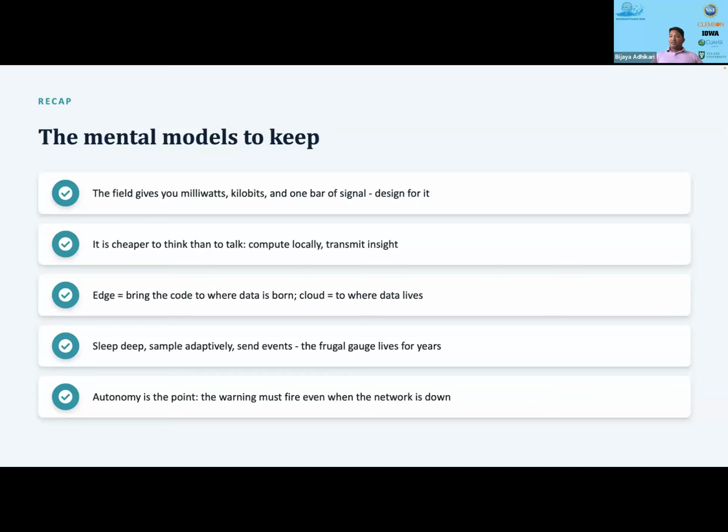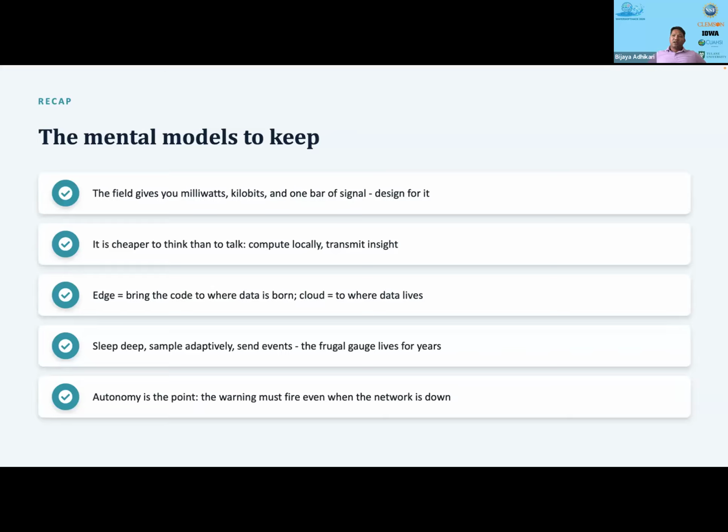One frugal way to make the gauge live for years is to sleep deep, sample adaptively, and then send events. And this whole thing should be orchestrated by logic. Computing dictates how the device sleeps and how sampling is done.